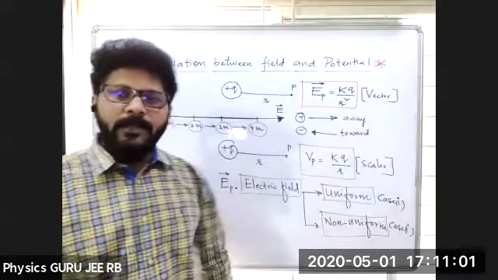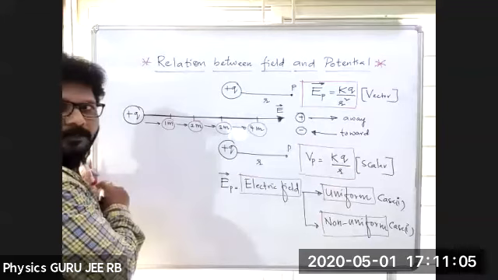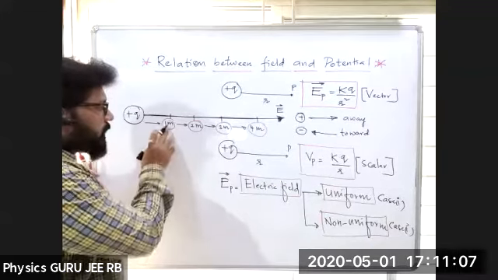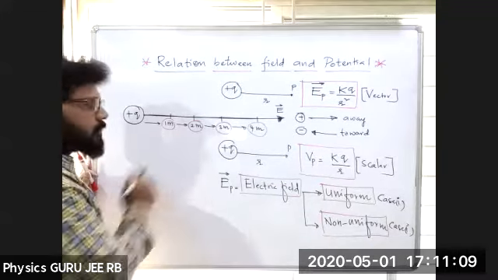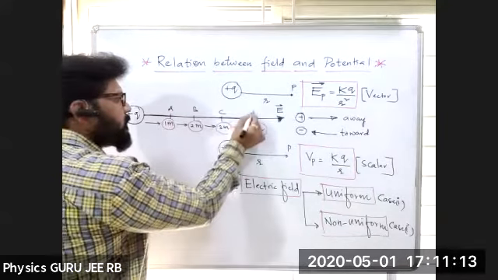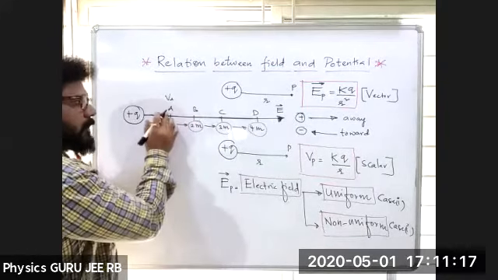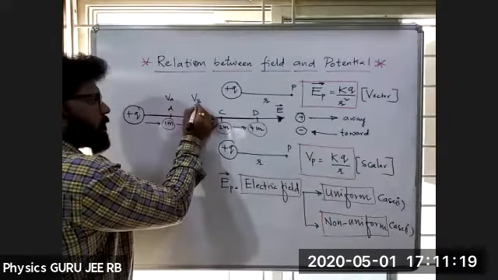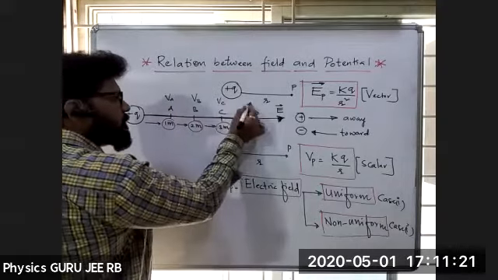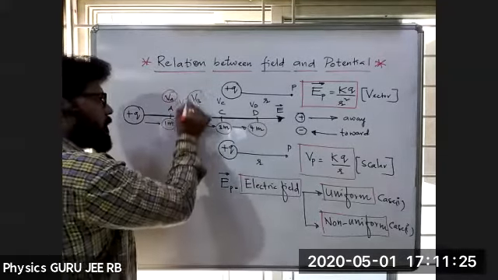Okay, now if I want at this particular point potential, can you tell me what is this potential? First, let me take it as A, B, C, D. If I take potential at the A is VA, potential at the B is VB, potential VC, VD, right?